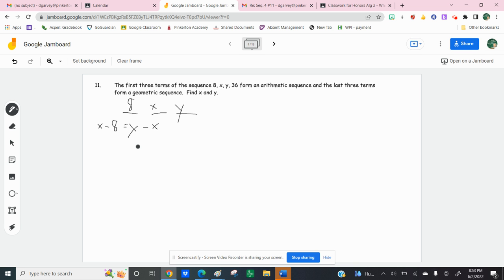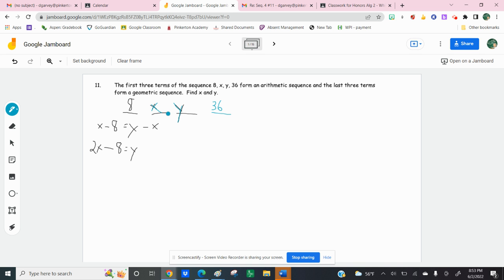Now we can just kind of simplify this a little bit. Let's add x to both sides, and I'll get 2x minus 8 equals y. It doesn't help me an awful lot at the moment, but let's then move on. It tells us that the next three, x, y, and now 36, form a geometric sequence.